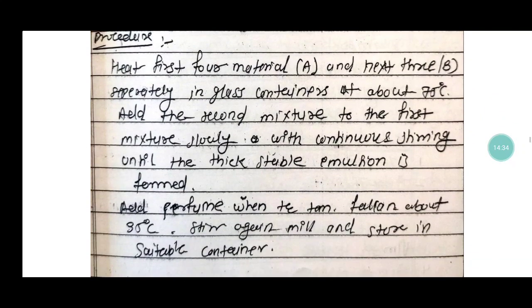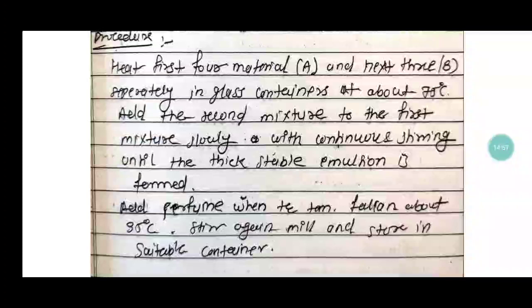So here is the procedure. First we have to add the four materials A, and the next three materials separately in the glass container, that is porcelain dish, at about 70 degrees. Add the second mixture to the first, wherein the oil mixture is added to the aqueous phase.